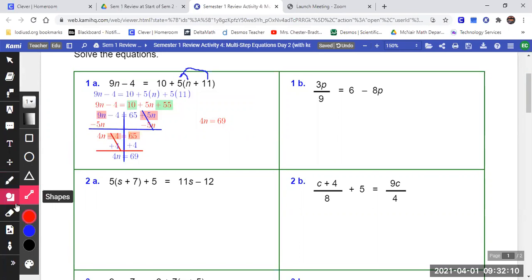All right. So are we done with all the addition and subtractions? Yes, we are. So since we're done with all the addition and subtractions, we're moving on to our big one.